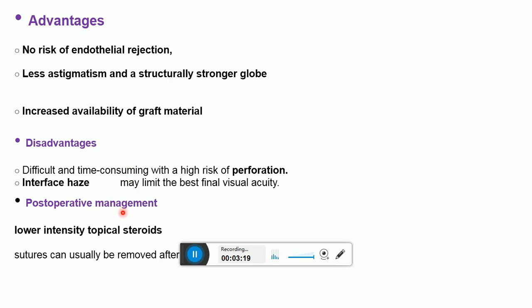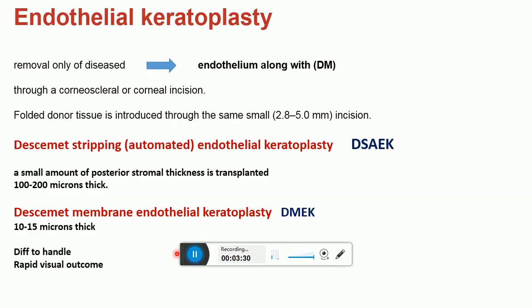Postoperative management is similar to penetrating keratoplasty, except that lower intensity topical steroids are needed and sutures can usually be removed after 6 months. Now the endothelial keratoplasty. It involves the removal of diseased endothelium along with Descemet's membrane through a corneoscleral or corneal incision.